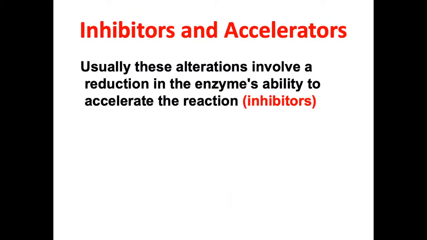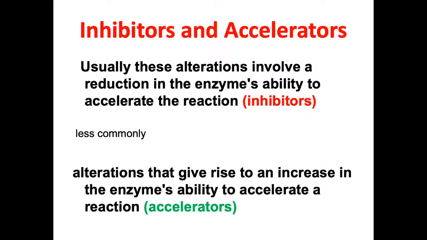So there are inhibitors and accelerators. Usually these alterations reduce the enzyme's ability to accelerate the reaction, but less commonly, alterations give rise to an increase in the enzyme's ability to accelerate the reaction. These are known as accelerators.